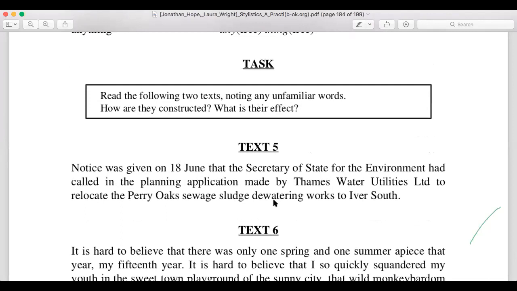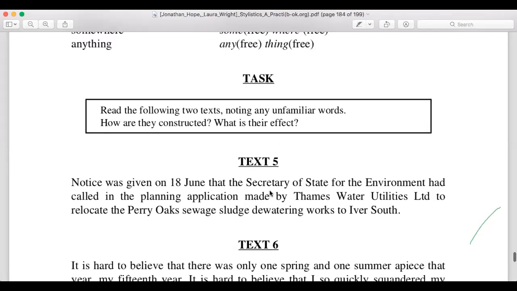How are they constructed? What is their effect? He has taken a word, water or watering, and he wanted to make the antonym of it, so he added de-. This is how it is constructed. What is their effect? Stylistically it becomes justified because we understand what he wants to say.